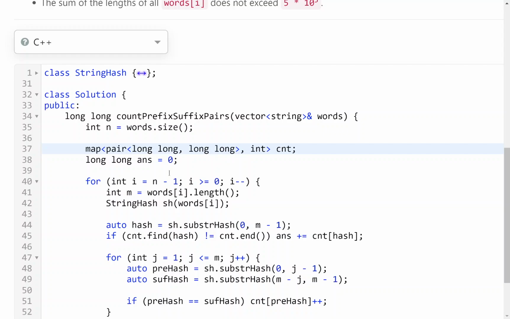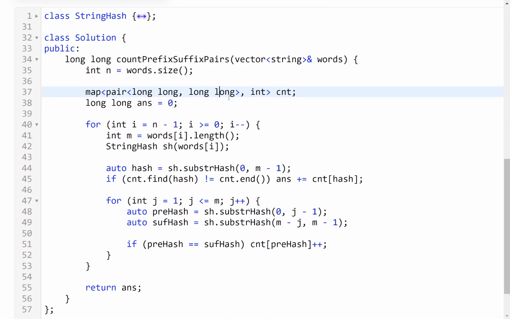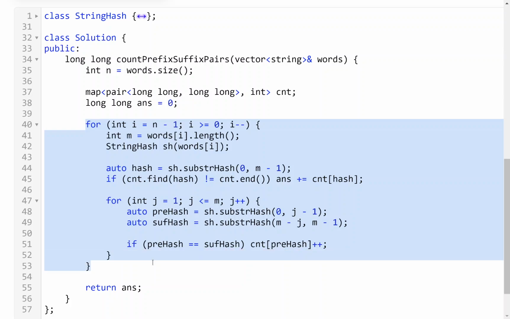So to avoid that, we are having two hash values. Only if both these hash values are the same would the two strings be considered equal. So we are going on from right to left.